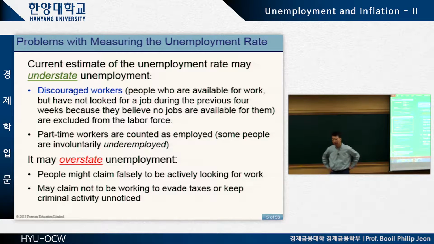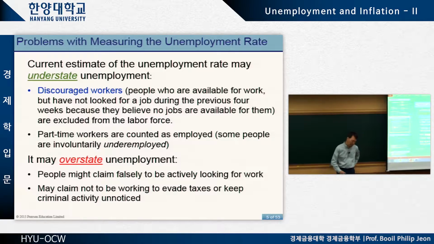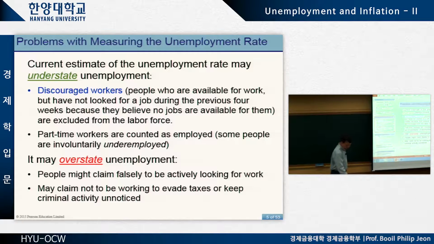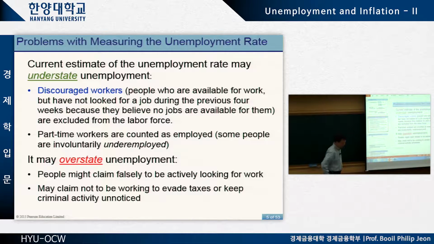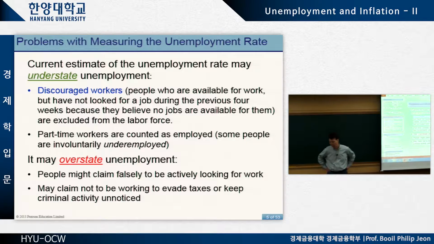There is a possibility that the official announcement of the government regarding the unemployment rate is actually an understatement. In other words, the actual unemployment rate may be higher than what the government announces.